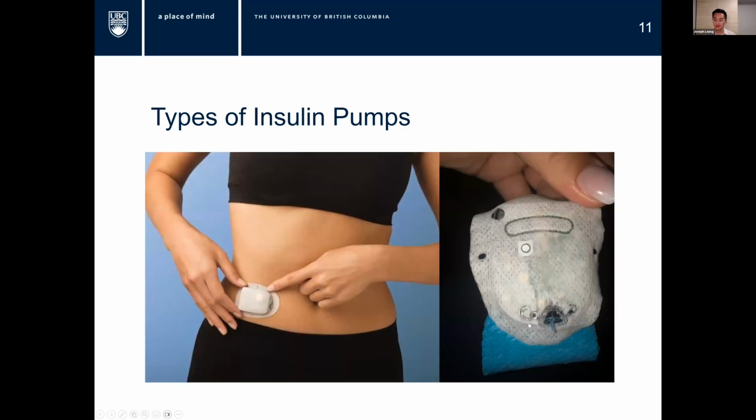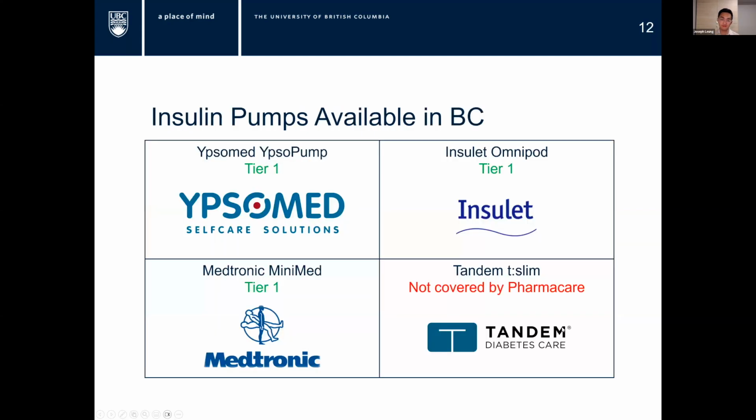This is the Omnipod, so this is the tubeless pump. And this is the pump here, and it's controlled by a separate controller, which you'll see in a different slide as well. And when you remove the pod, you can see the plastic cannula, and that's what is inserted under the skin, and that's where the insulin goes through and into the body.